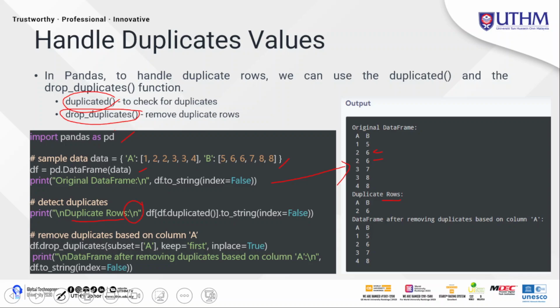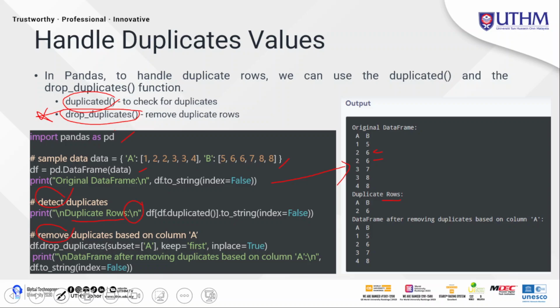So after we identify or detect, now we're going to remove the duplicate values. In order to remove the duplicate value, we use this particular method, drop duplicates: df.drop_duplicates(subset=['A'], keep='first', inplace=True).